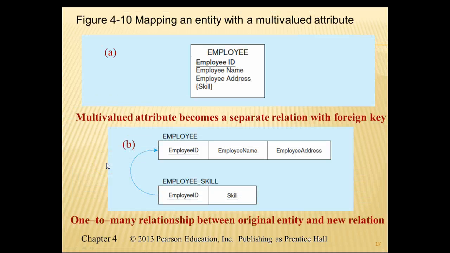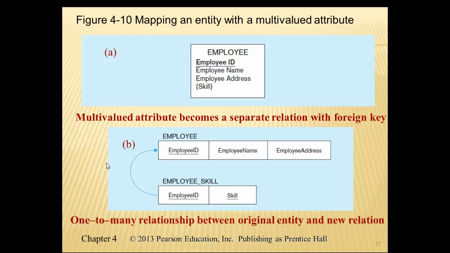Notice what happens here when we are mapping an entity with multi-valued attributes, and I believe we touched on this in chapter 2 or 3. We effectively have to create an associative entity, or basically create a new table or a new relation that's going to contain that multi-valued attribute. So in this case, we have a multi-valued attribute which was skill, that was all part of the one entity.